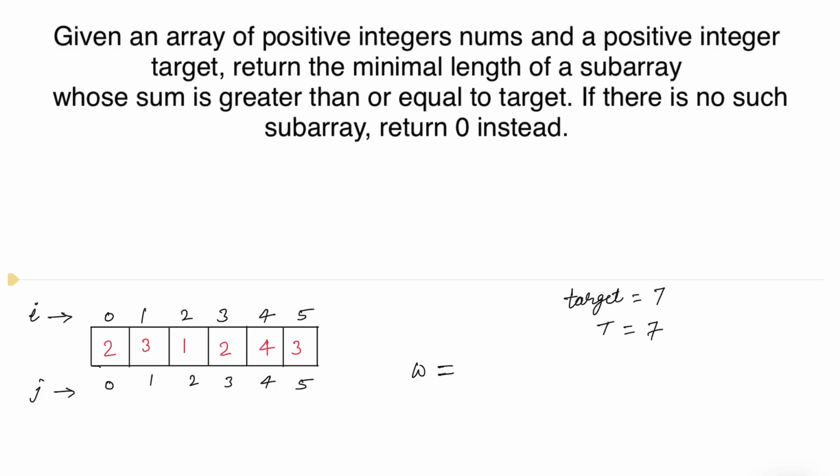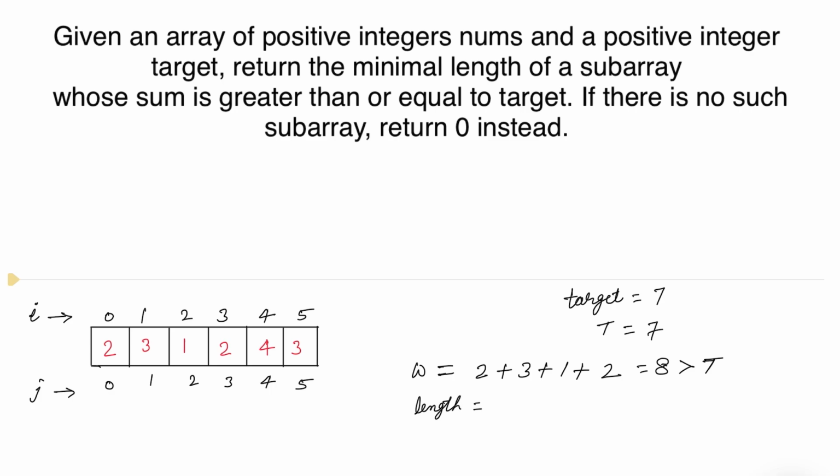So 2 plus 3 plus 1 plus 2: 2 plus 3 is 5, plus 1 is 6, plus 2 is 8. This is 8. That means this is greater than target. So what should its length be? Length means how many elements are here. I will represent that with length.